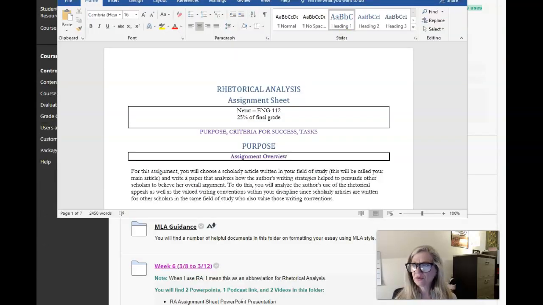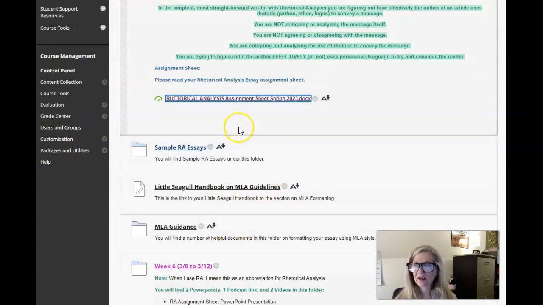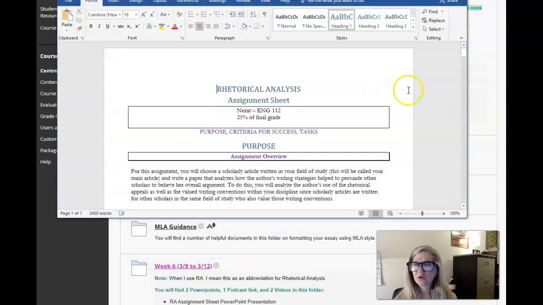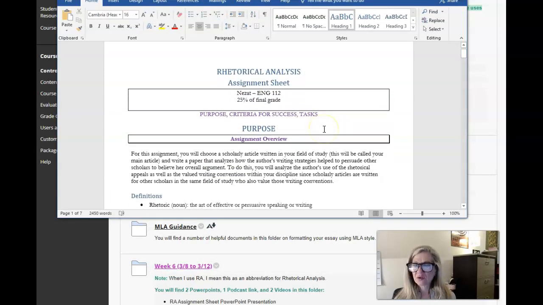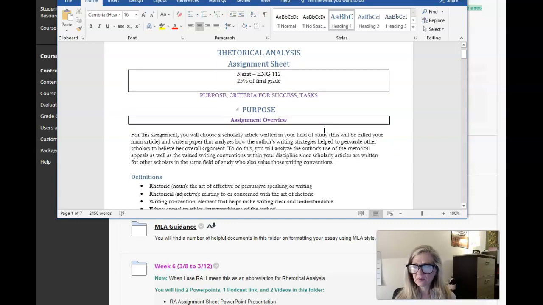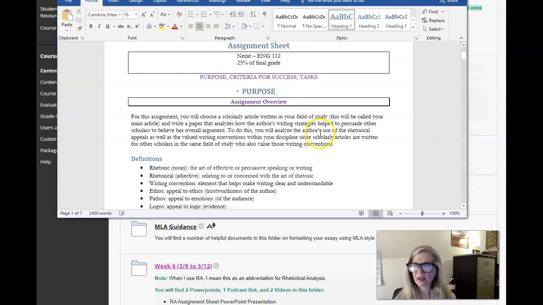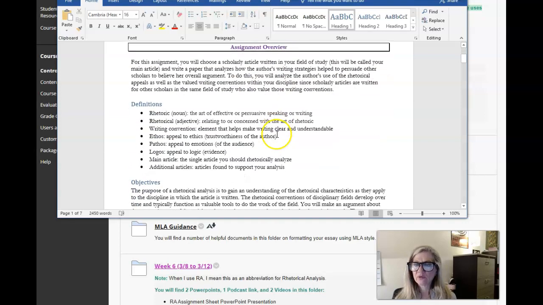So if you click on your assignment sheet, let me minimize that. Here's your assignment sheet. When you click on your assignment sheet, it's got all the specifics, and I really want you to read this carefully. So you've got some of the same information that's at your Blackboard page, with the assignment overview, with definitions that you should go over to learn about these terms, because you're going to use these terms in this article. You're going to talk about rhetoric.